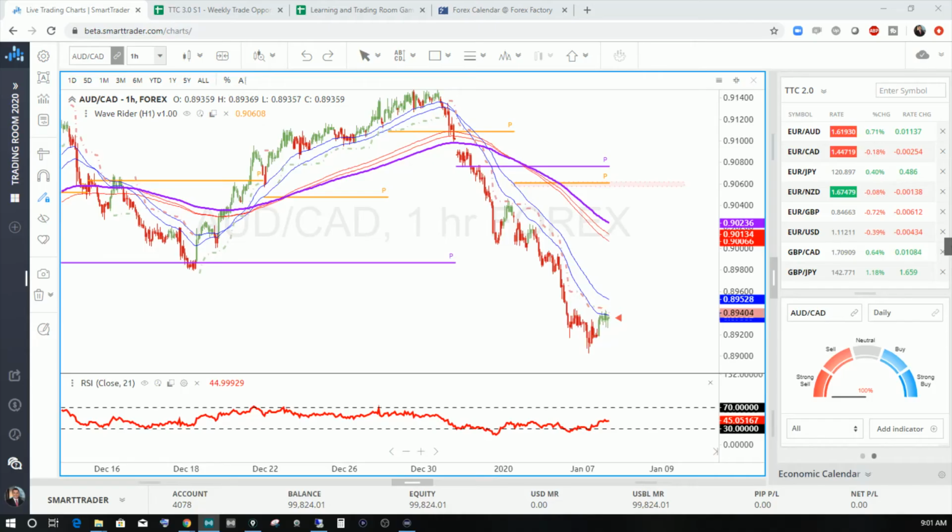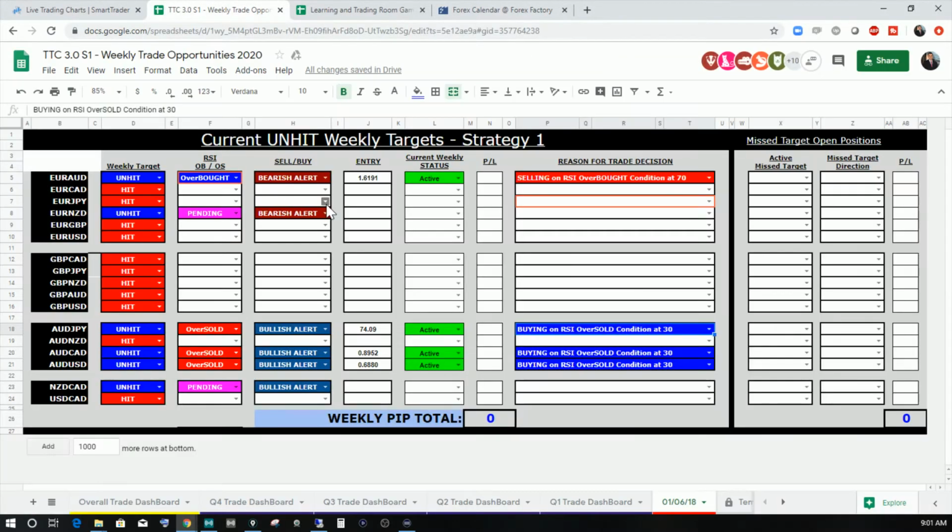Also, what has been showing a lot of weakness is the Aussie dollar, due to all of this going down. So let's see what's going on. I've got the Aussie CAD open up here, and we did have some movement to the downside. Now I have to show you the trades we've got currently active.